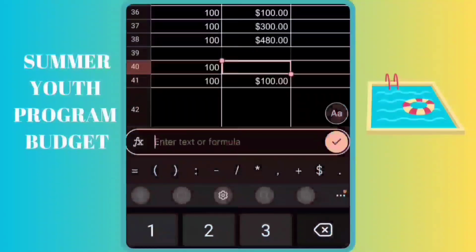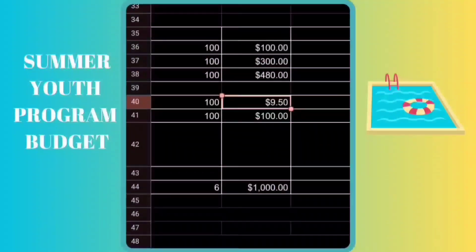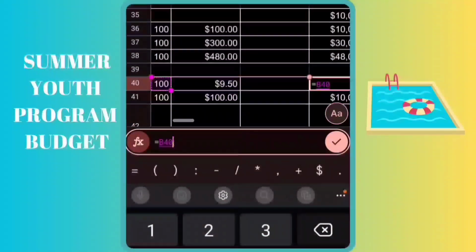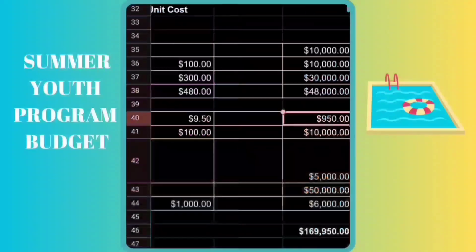To be higher than $5 shipping and mailing per camper. Of all the things that might be mailed, $9.50 could include letters, could include other things that need to be mailed.